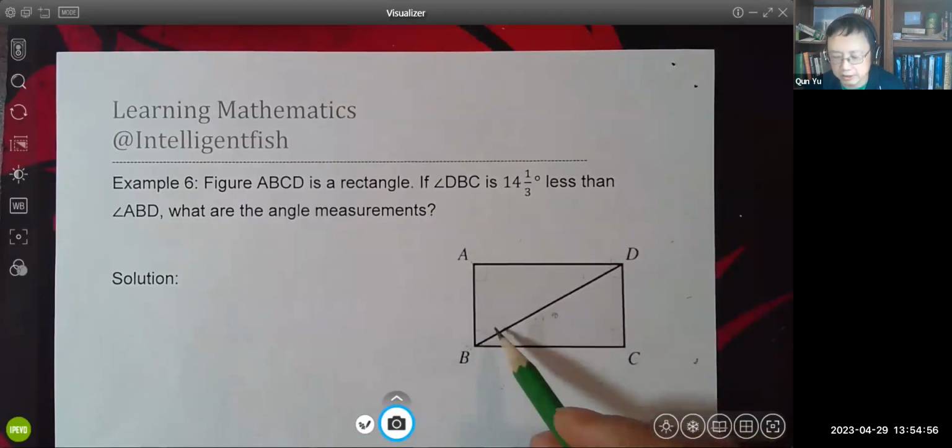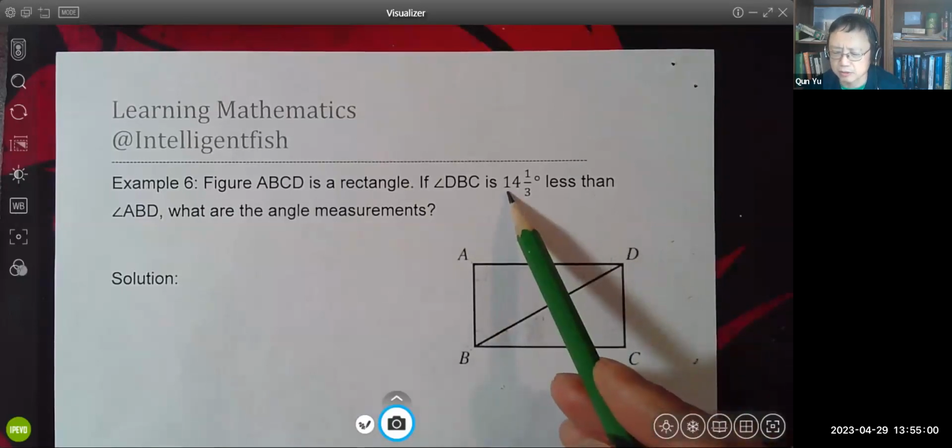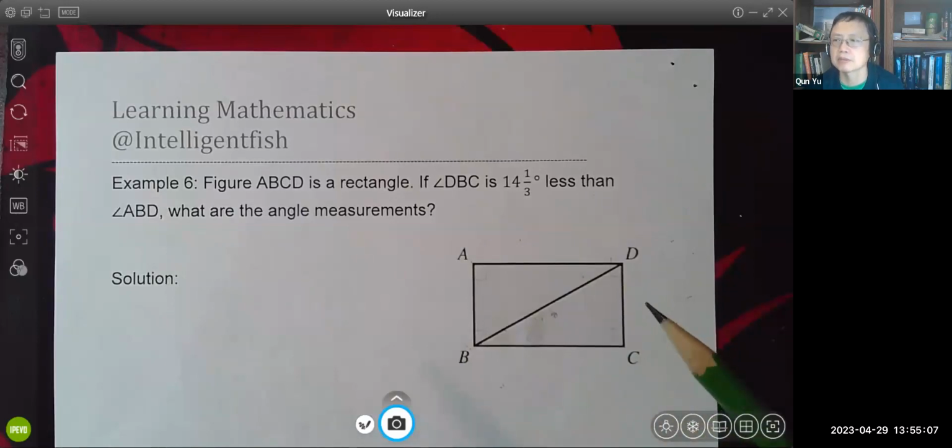We don't know any of this for now, but they do have a relation. One angle is 14 1/3 degrees less than the other. Again, just like in the previous example, whenever there's a relation, you can use the same variable to represent both angles. And again, usually we use x to represent the reference one.